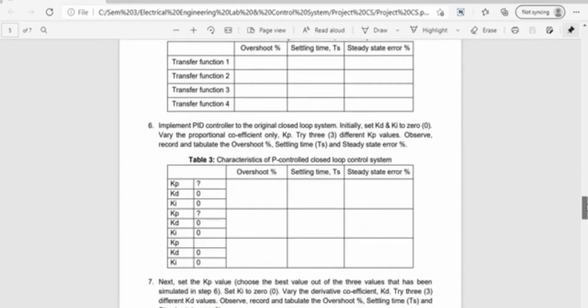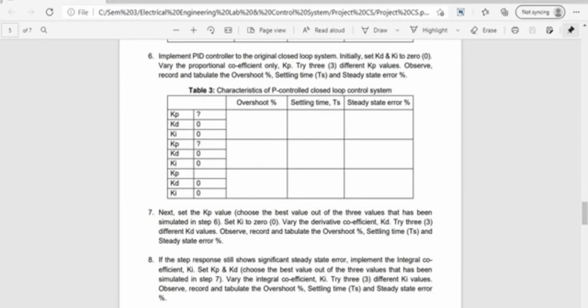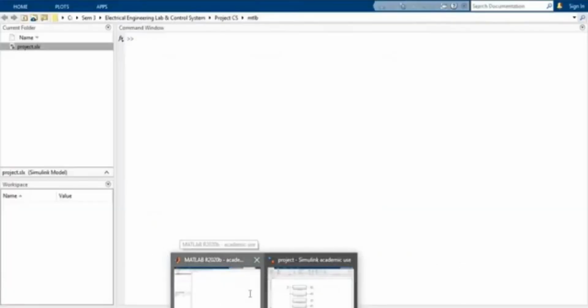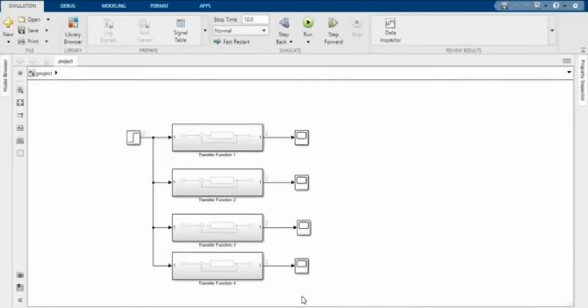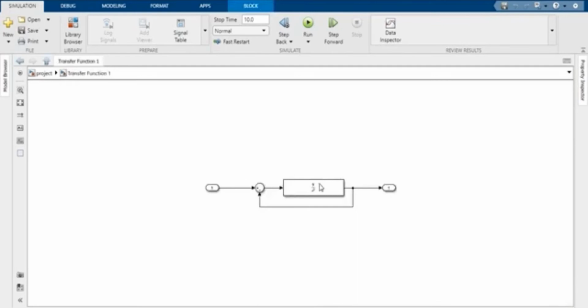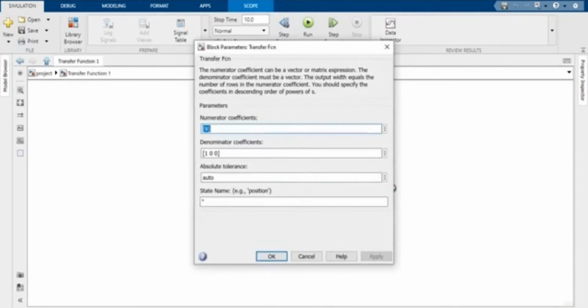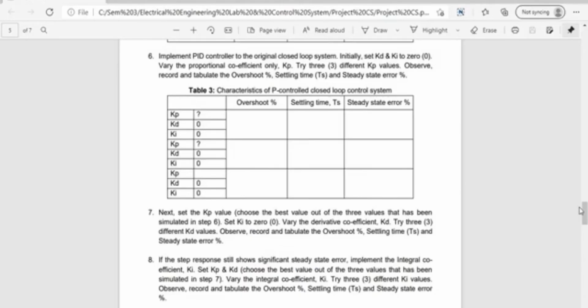First, let's turn on MATLAB and open the project. I've already prepared this because it will run out of time. So this is the step block and scope, and the transfer function is based on the transfer function that's given, which is here.